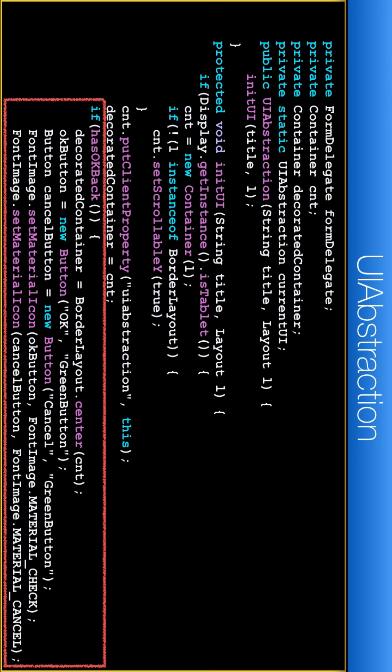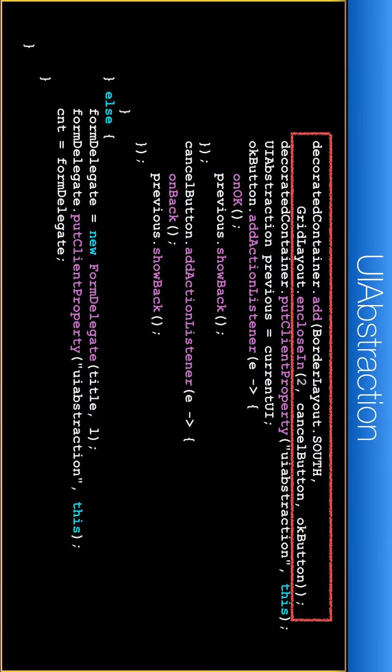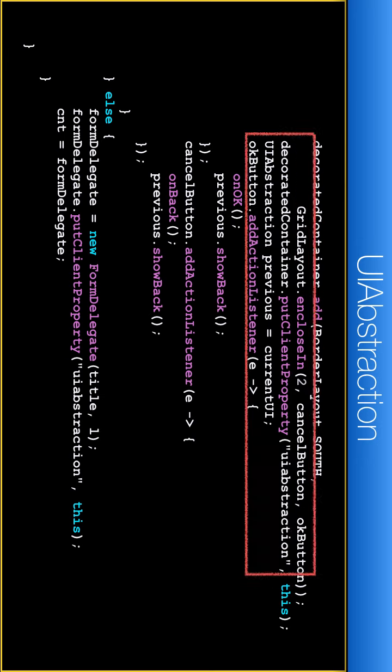We just create OK and cancel buttons, which we add into the south of the container using a grid layout. Notice the usage of grid layout ensures both buttons will have exactly the same size, which contributes to nice aesthetics.